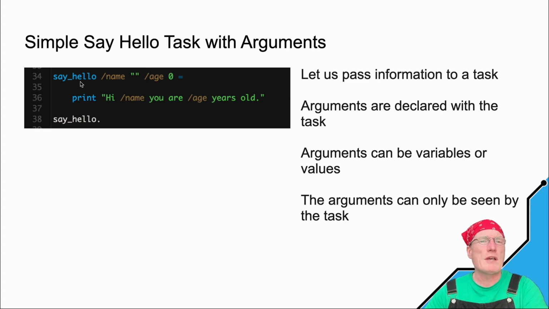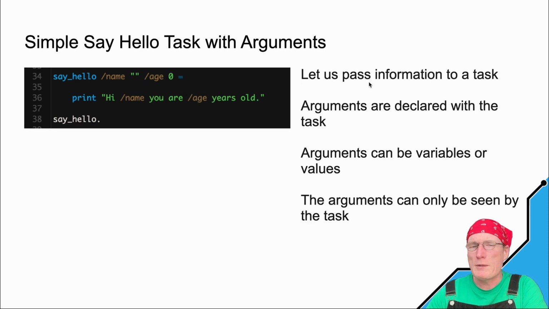So what this has done is we have created a task called say hello, and we have said that when you call that task, you're going to provide a name and you're going to provide an age. And when you do, the name that you provide will be stored in the name variable, and the age you provide will be stored in the age variable. And then down here we say print hi name, you are age years old.